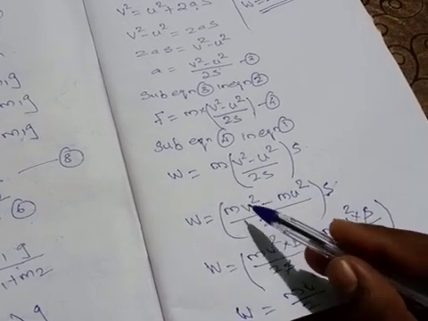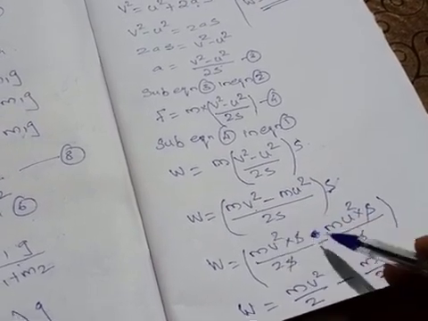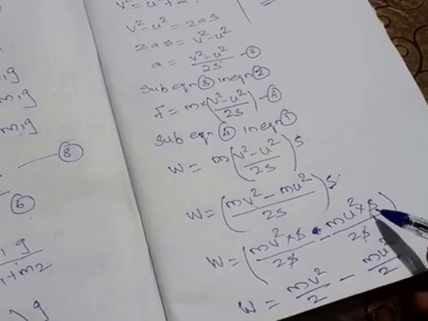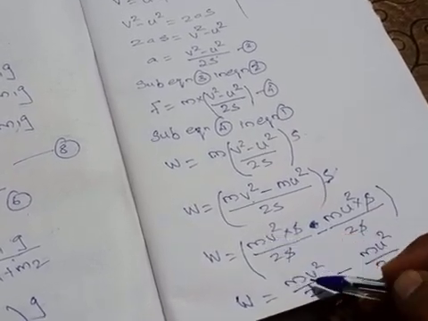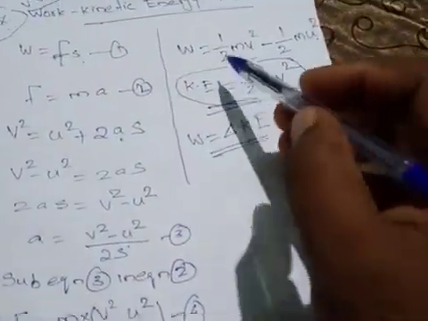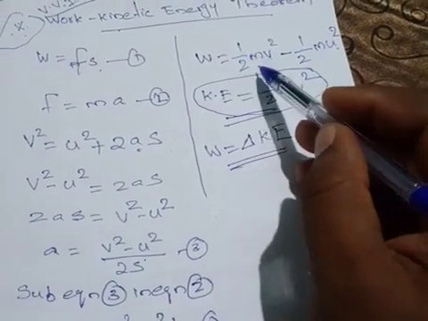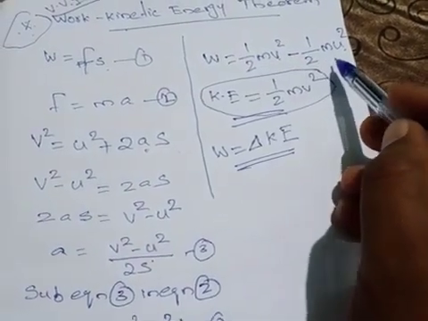So MV square into S divided by 2S minus MU square into S divided by 2S. S cancel. So that MV square by 2 minus MU square by 2. And I am writing this equation 1 by 2 MV square minus 1 by 2 MU square.